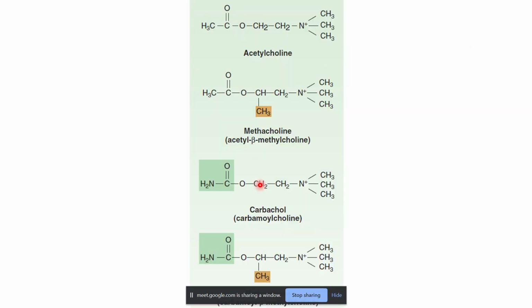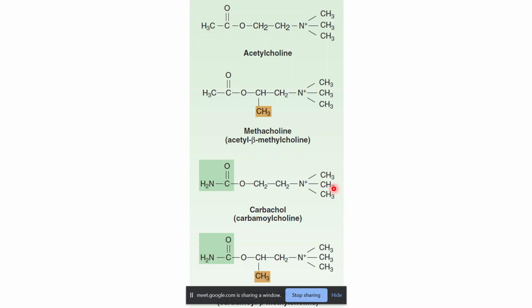The acetylcholine has this kind of structure, so this is acetyl and this is a choline. Based on the chemical structure, the direct acting cholinergic drugs can be divided into esters of choline and alkaloids.